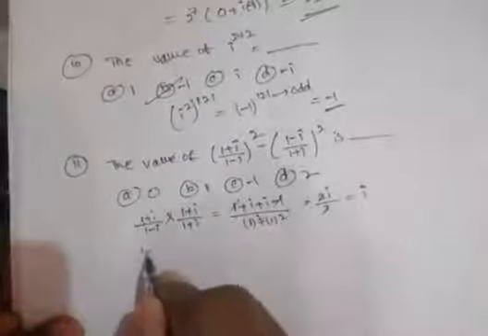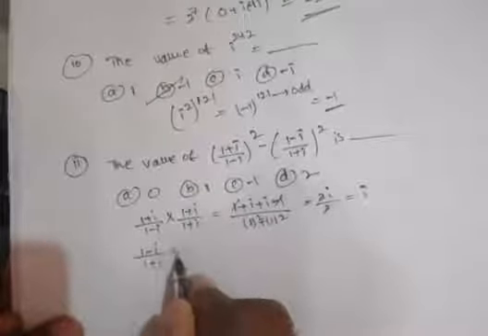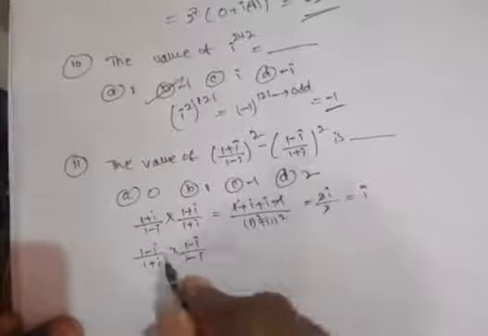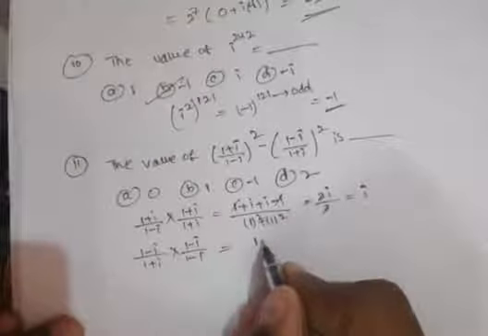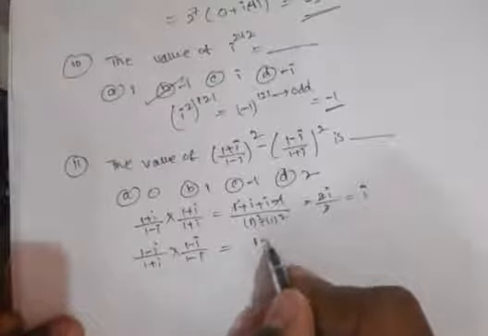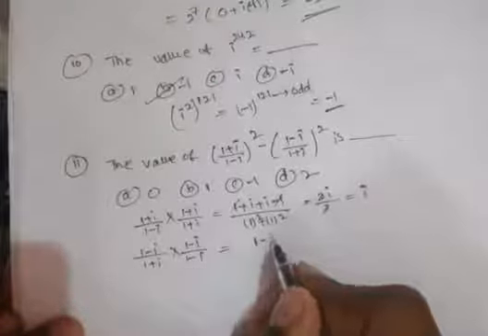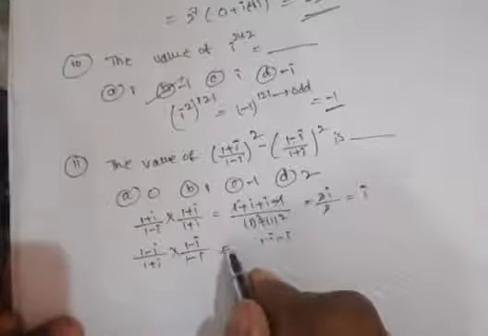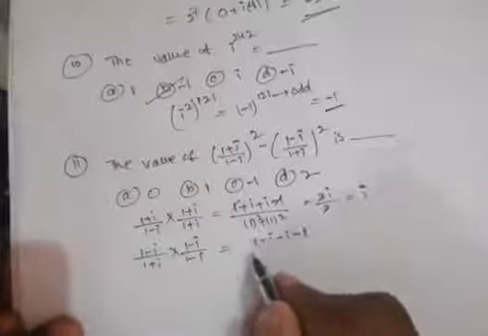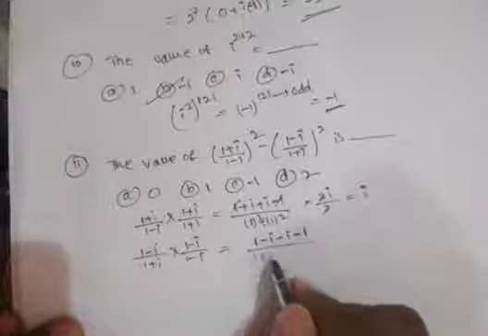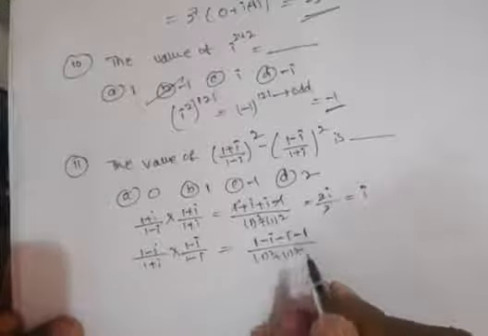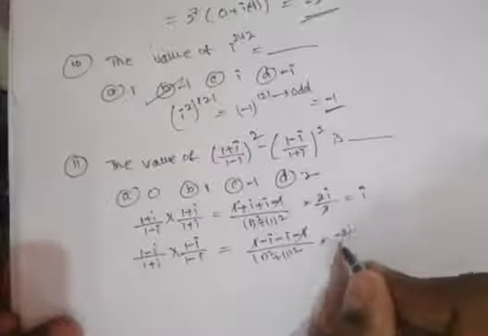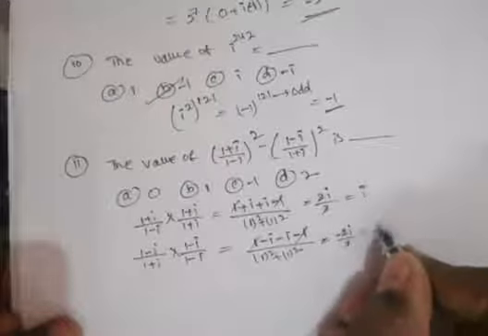Now do this part. 1 minus i by 1 plus i into 1 minus i by 1 minus i, that is nothing but 1, minus i, minus i, and minus into minus plus i square. i square means minus 1, by 1 square plus 1 square, that is nothing but minus 2i by 2, that is minus i.